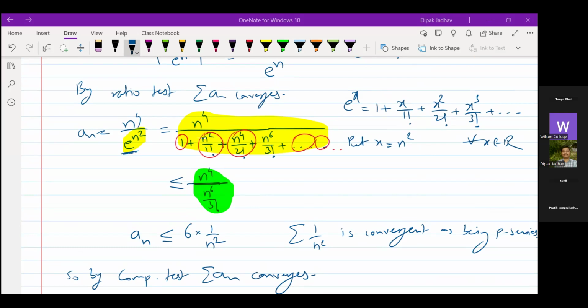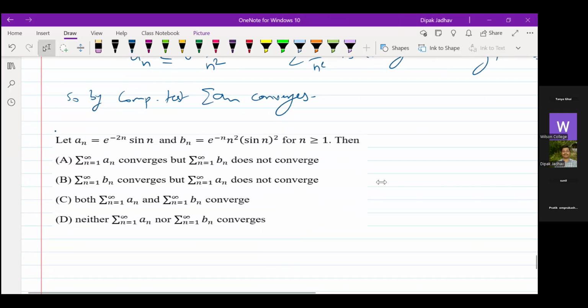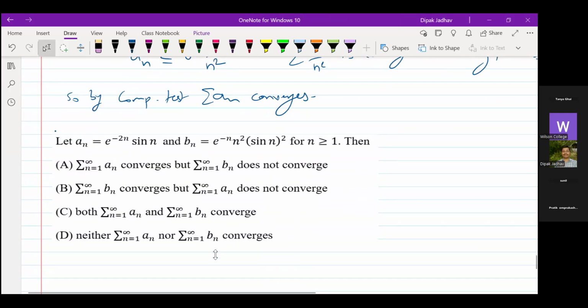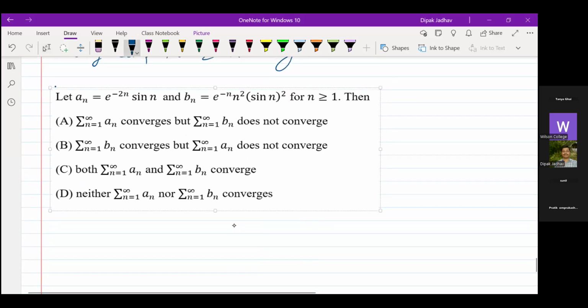Let's move on to another. Visible? So an is sine n upon e raised to 2n.